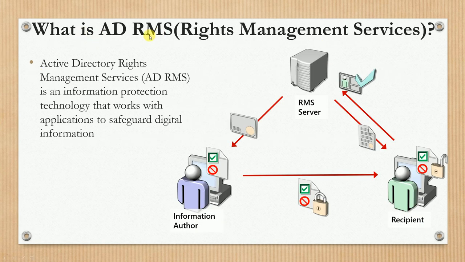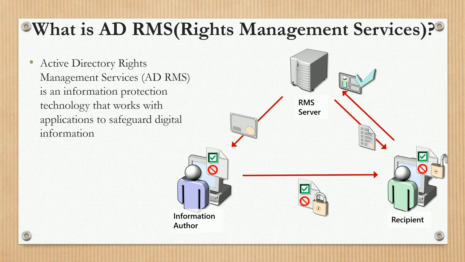Now, what is RMS, AD RMS? That is called Rights Management Services. It will help you protect your data, so that only an authorized person can access that particular data. So the Rights Management Service will help you protect your data, and only the authorized user can access the data.